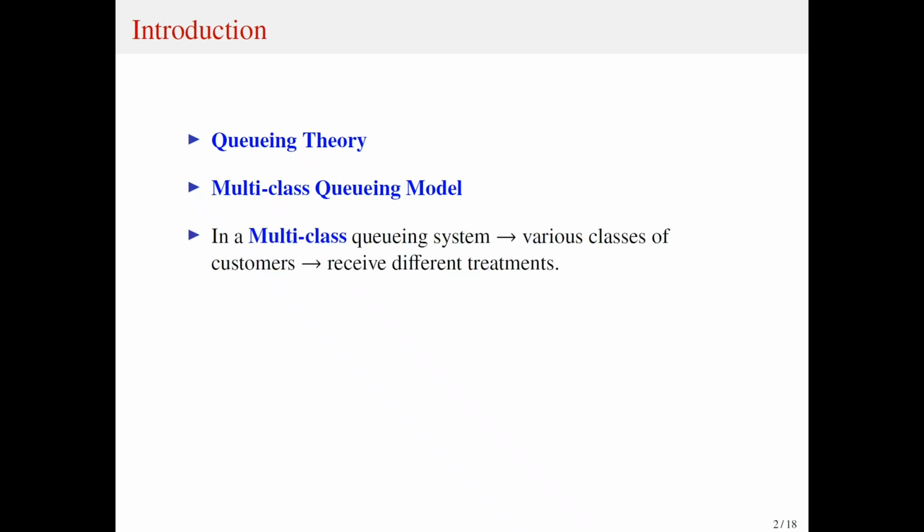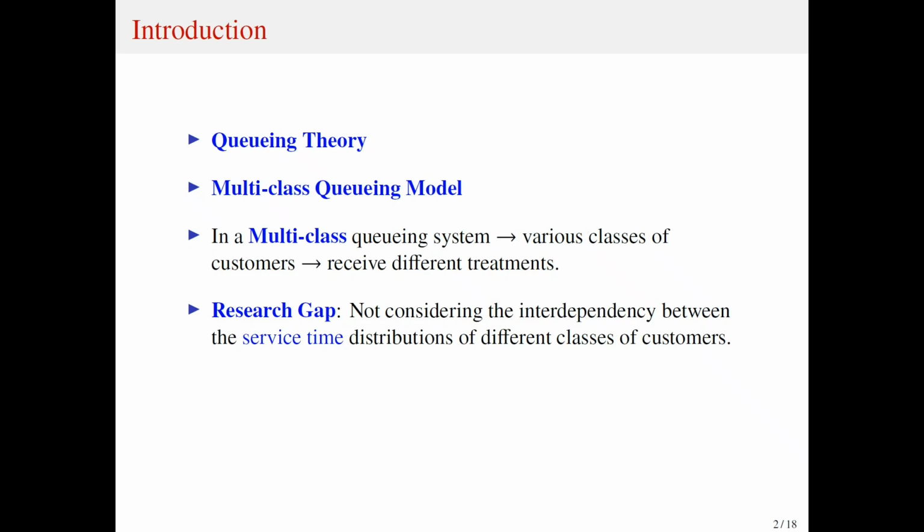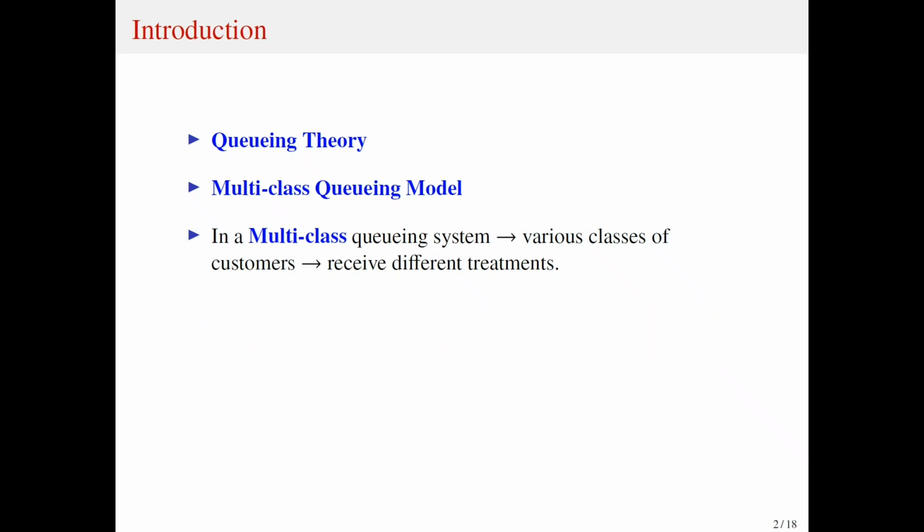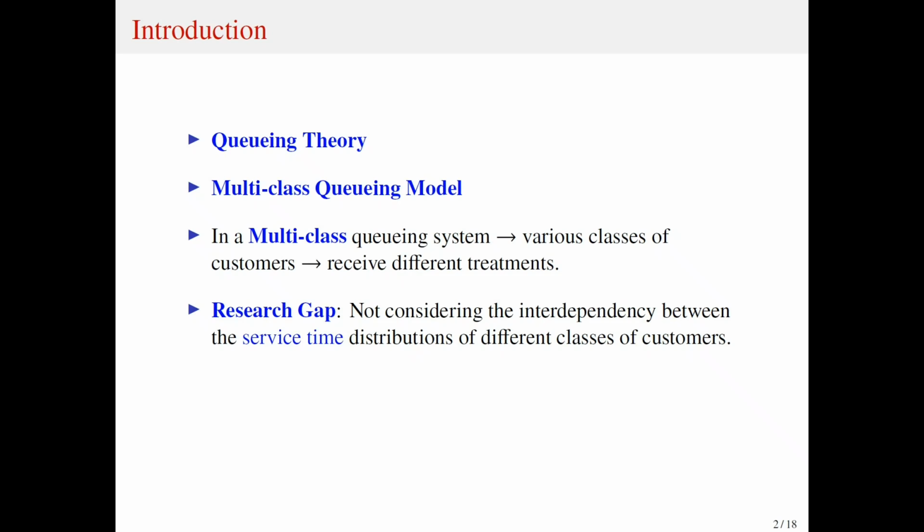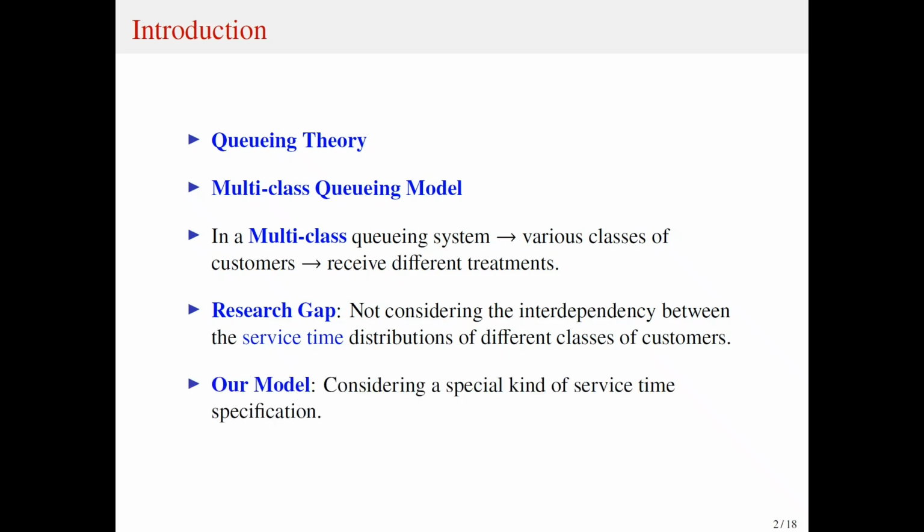And we have seen in the related literature, in multi-class queuing systems, various classes of customers can also receive different treatments. And we saw this research gap in the related literature that there has not been a model that considers the interdependency between the service time distribution of different classes of customers. So in our model, we have tried to consider a special kind of service time specification to take into account this interdependency. We will go through it further.